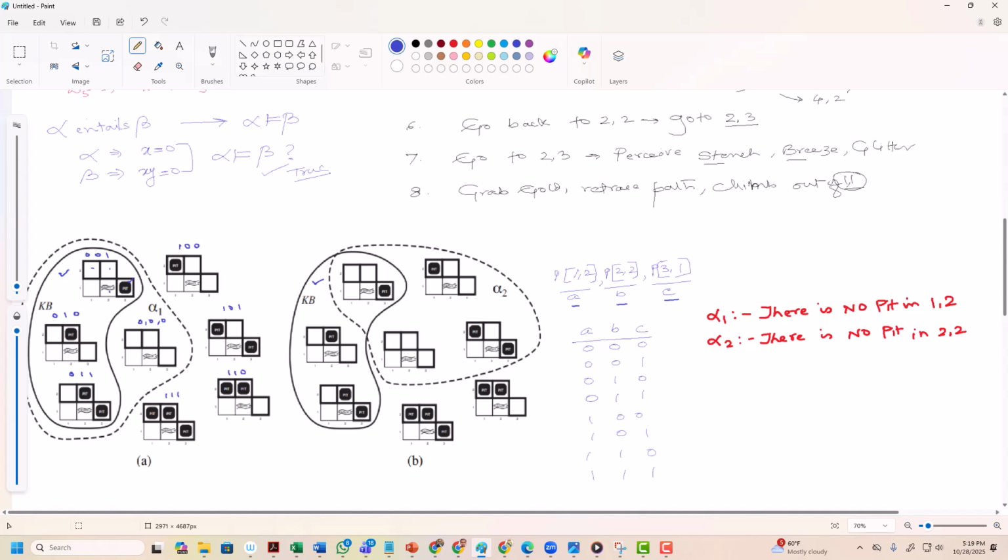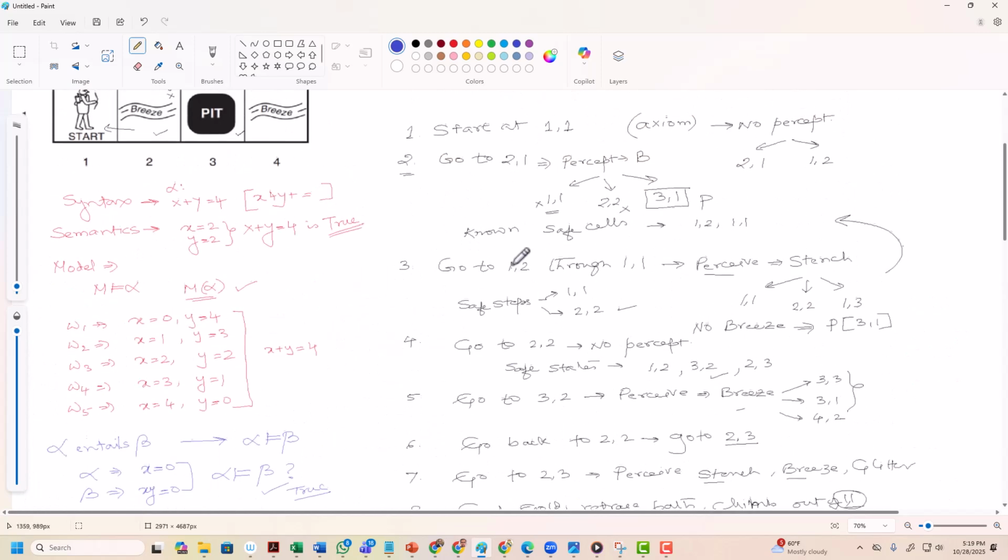So there are a total of 8 possible models, and the knowledge base can be thought of as a set of sentences or as a single sentence that asserts all the individual sentences. The knowledge base is false in models that contradict what the agent knows. Remember, as of now, the agent knows only these 2 points: no percept in 1, 1 and a breeze in 2, 1.